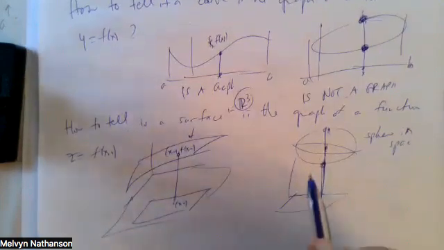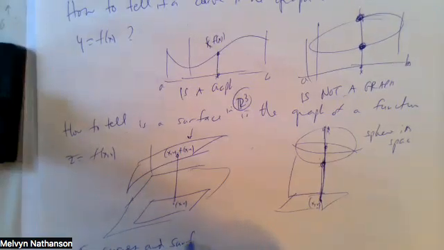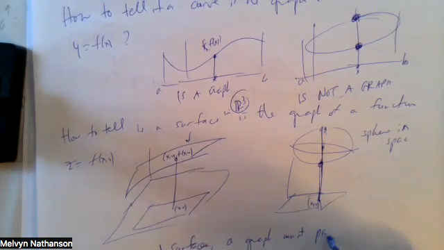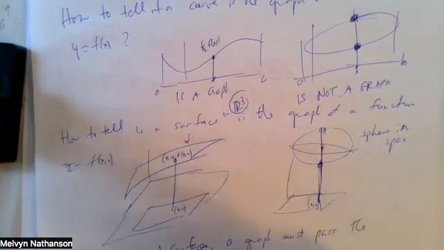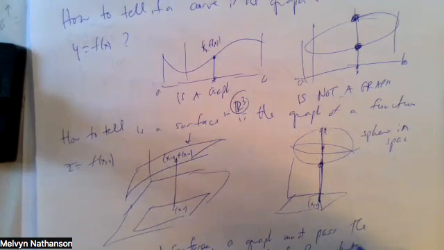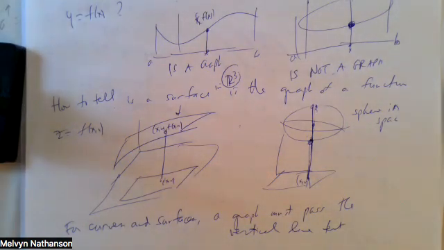So in both cases, for curves and surfaces, a graph must pass what you might call the vertical line test. That is, any vertical line hits the surface or the curve in at most one point.